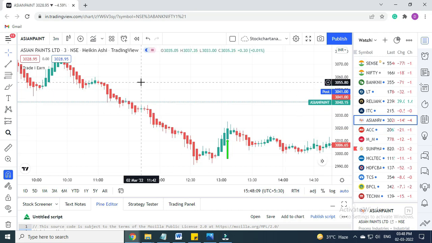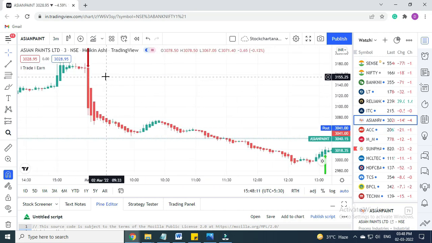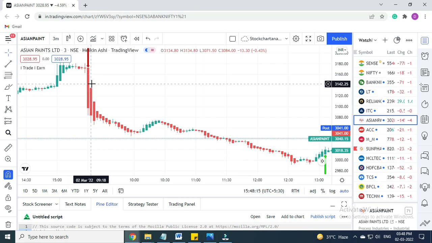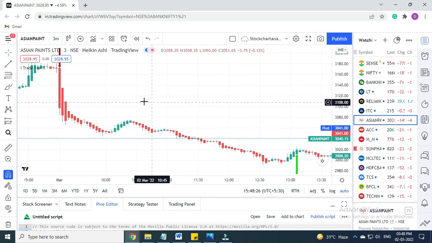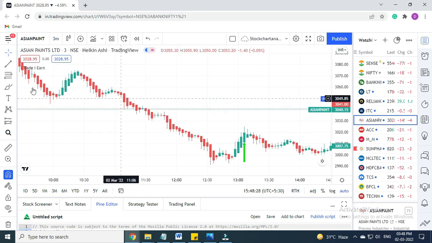Then this is the Asian Paints chart. As you can see, we got a sell signal here, but no trade happened here. Why? Because there is a stop loss of 80 points. That means 160 points of target. So since the target is very big, we will leave it.